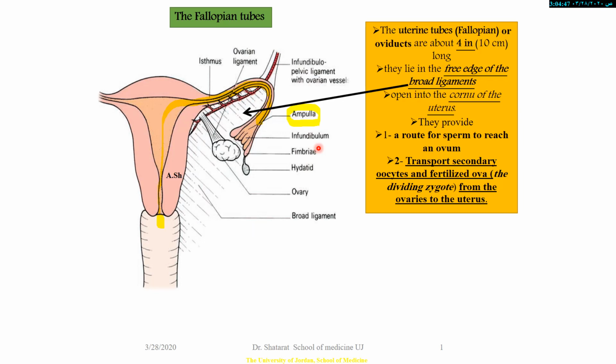So I was talking about the female reproductive organs, and I focused on the uterine tubes.